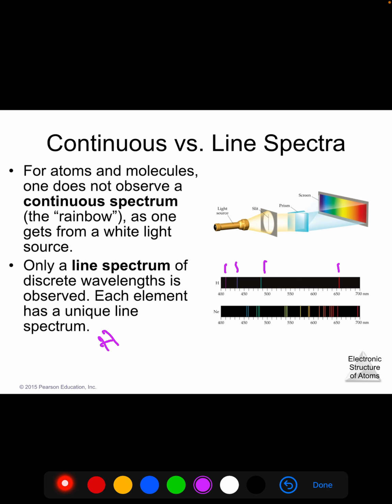Hydrogen is element number 1. It has 1 electron. Helium is element number 2. It has 2 electrons. Neon is element number 10. I don't have a periodic table in front of me, but it has a larger number of electrons. Okay?